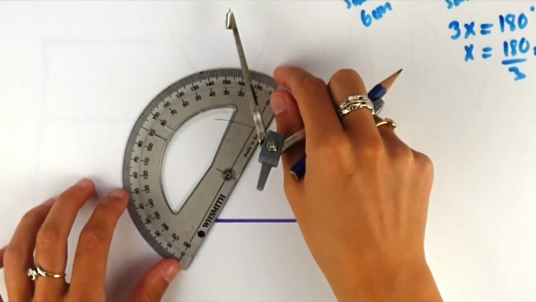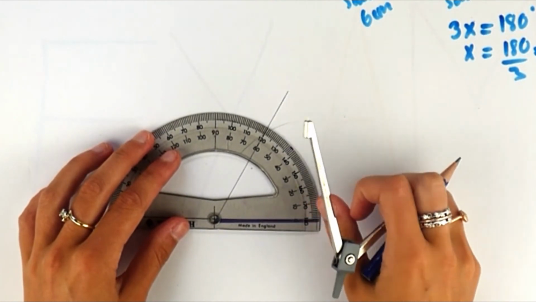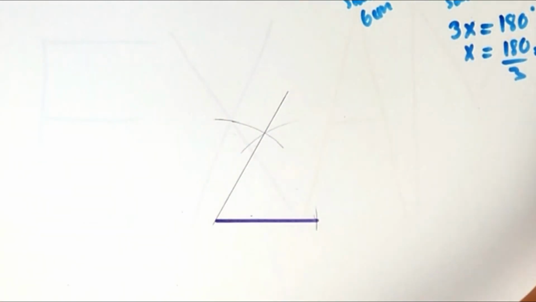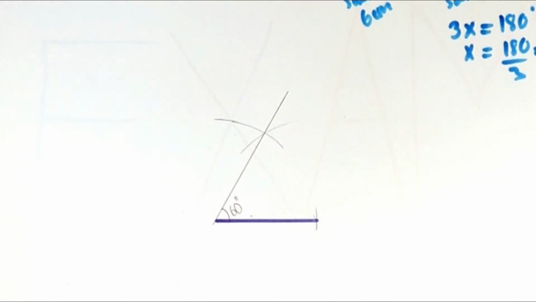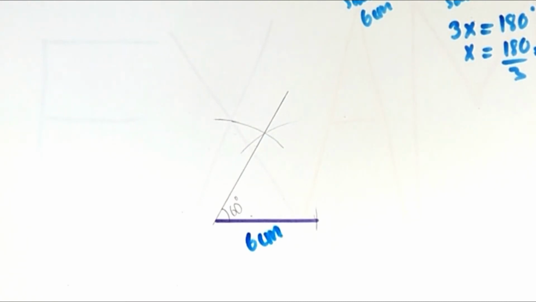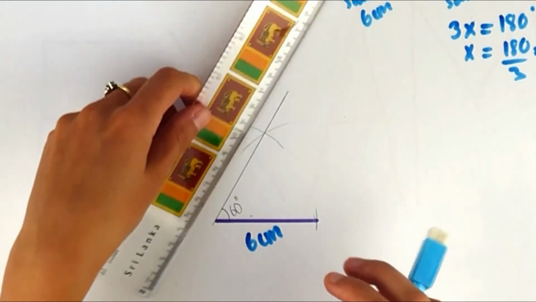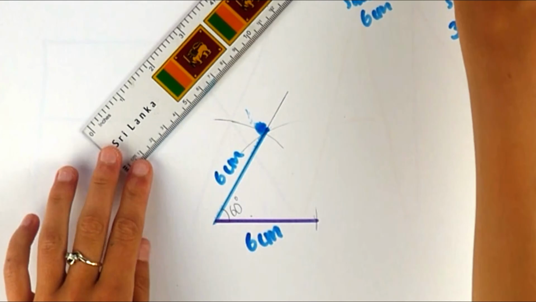Let's do a little check and measure the angle. You're not actually allowed to use a protractor, but it's a nice check. So that is 60 degrees. We know that this is 6 centimetres. We know that this line also has to be 6 centimetres. So let's get the ruler. So that is 6 centimetres. Oh, we've had a bit of a chaos splurge there.